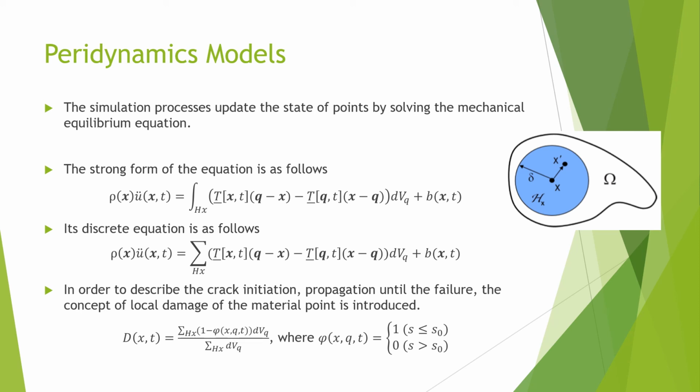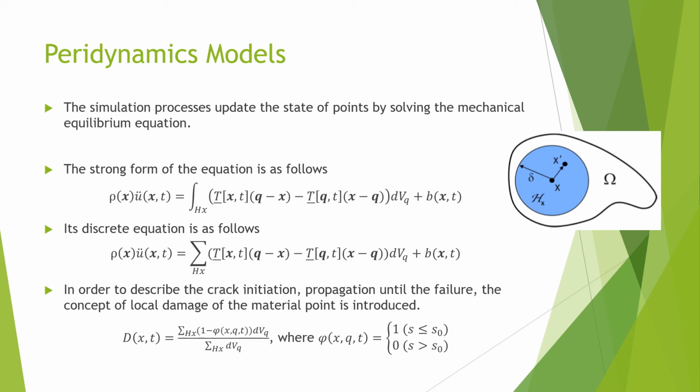From the equation, we can find that the main advantage of PD methods is that PD methods can avoid the cutting-edge singularity of traditional numerical methods using special differential equations. So PD methods have the superiority on simulating the discontinuous problems.